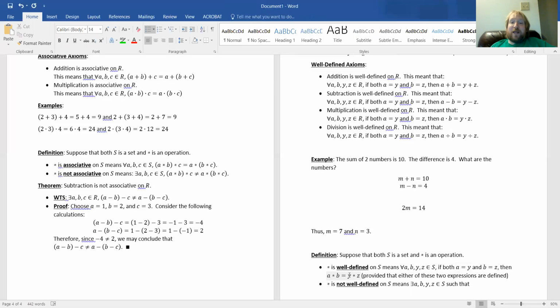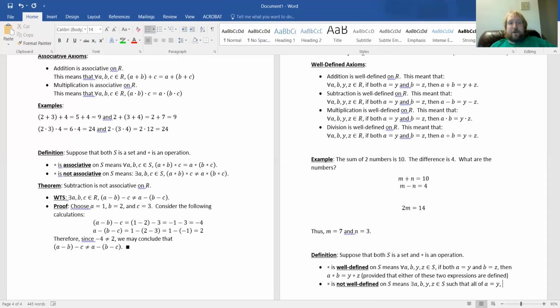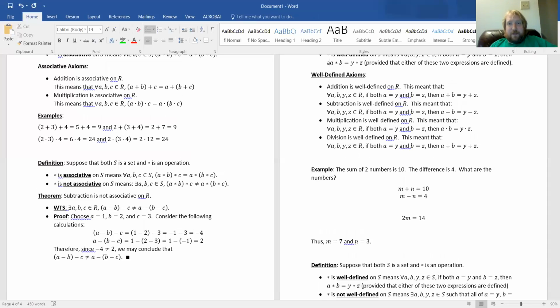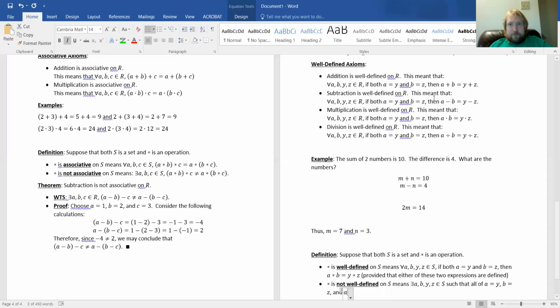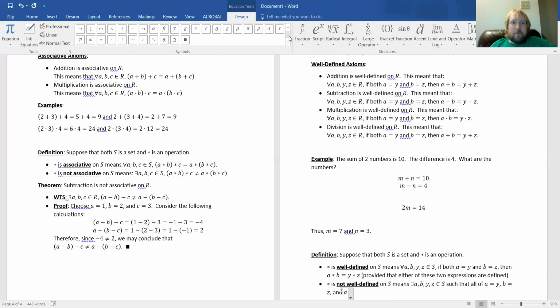So the negation will be: there exists a, b, y, z, and s such that all of the if part, so a equals y, b equals z, and the negation of the then part, so a star b does not equal y star z.